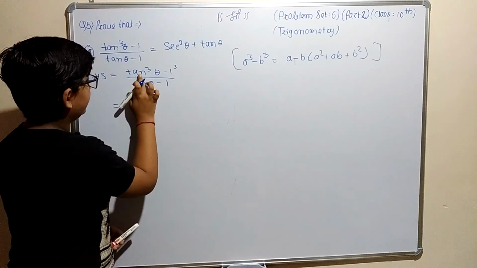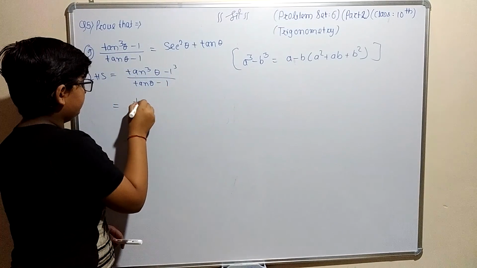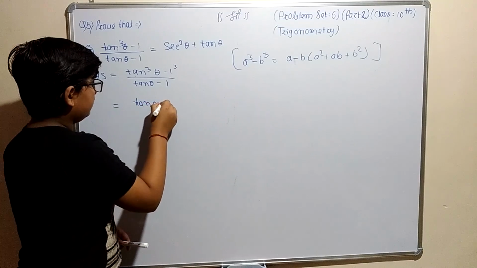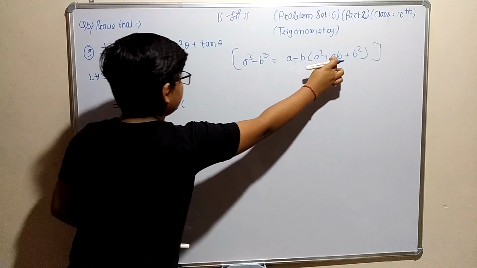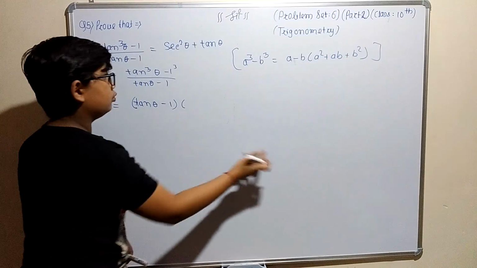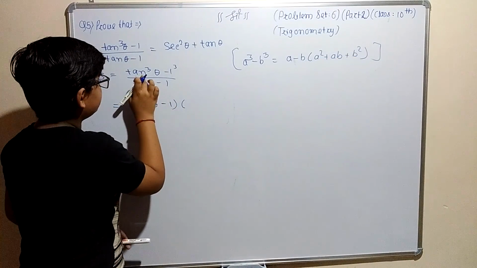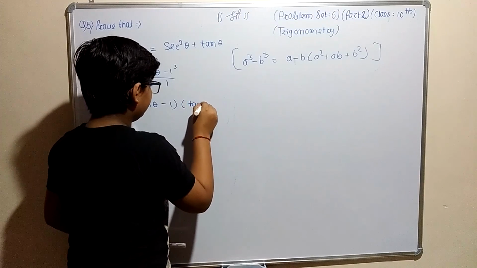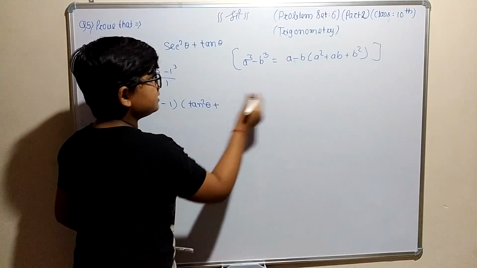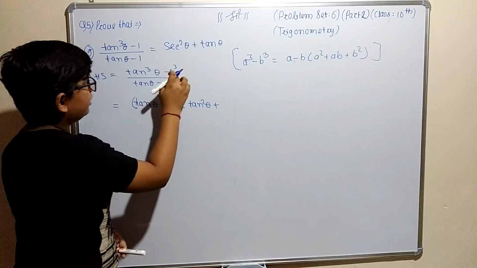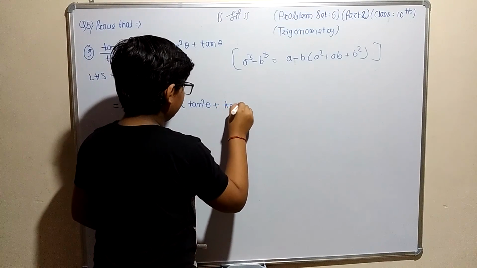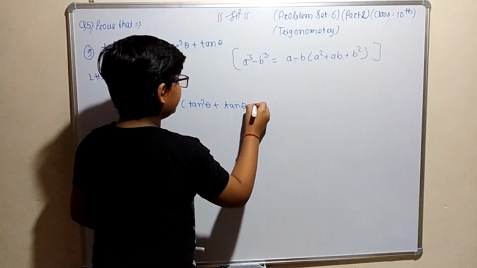A minus b, tan theta minus 1, times a squared plus ab plus b squared: tan square theta plus tan theta into 1, plus b squared.